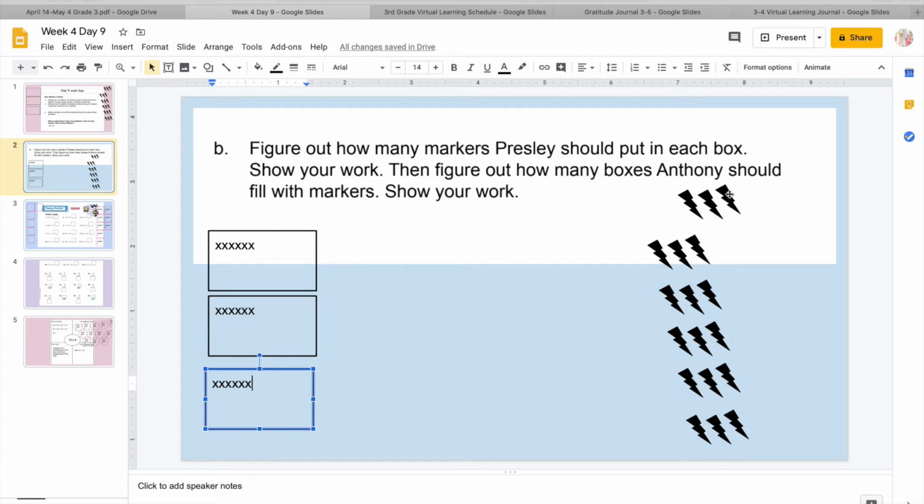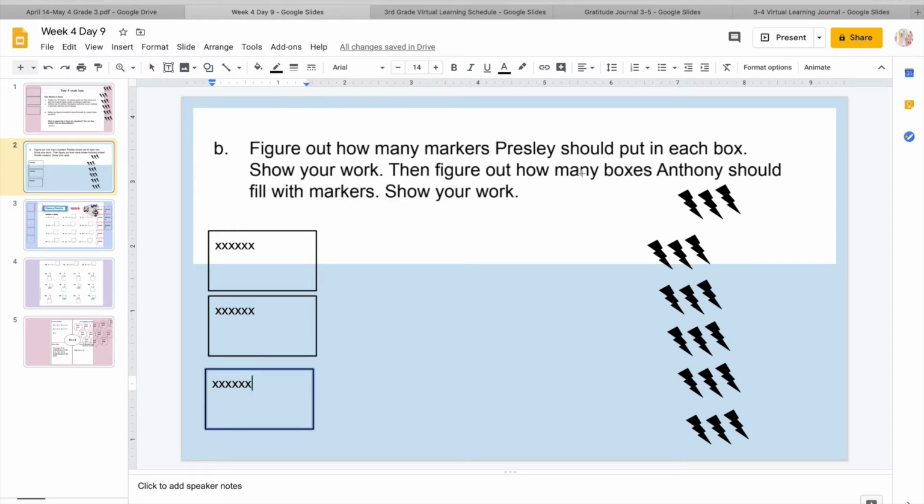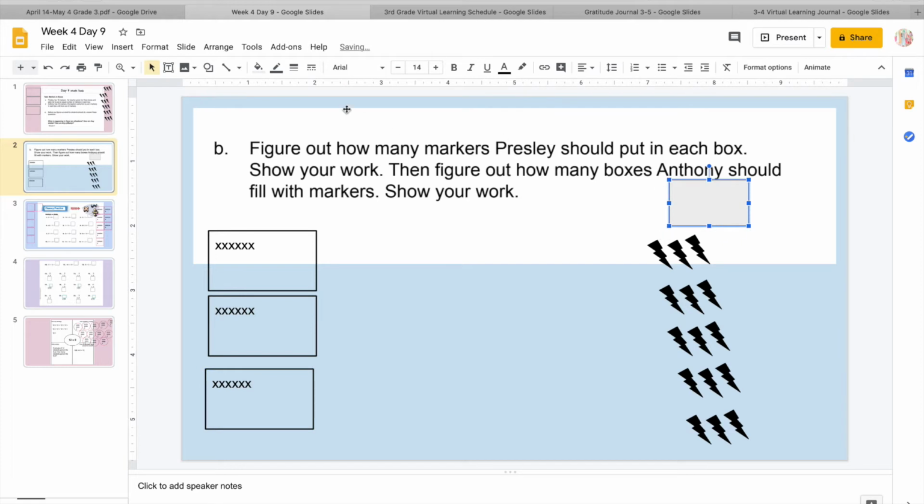Over here, Anthony's going to put 3 in each box, so they just want you to count how many boxes. I already lined them up in groups of 3, so I'm going to put them in shapes. Here's 1 box.